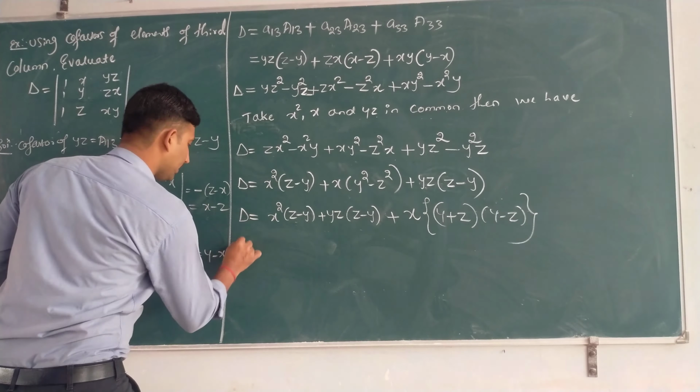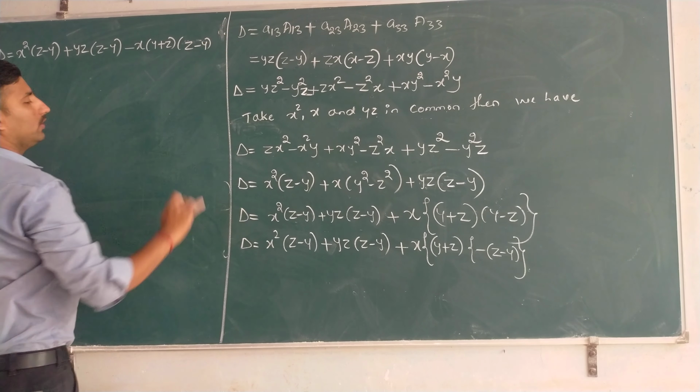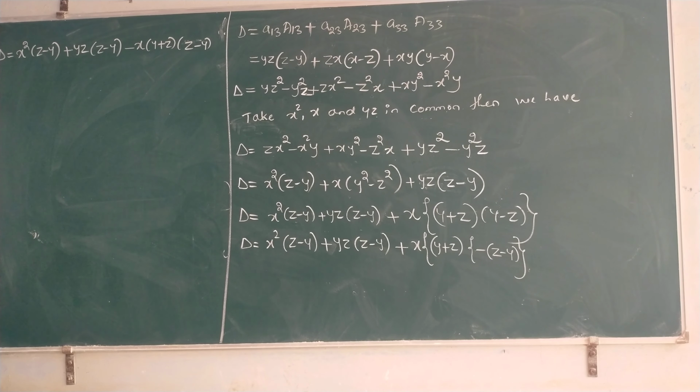Delta is equal to x square z minus y plus yz z minus y minus x into y plus z into z minus y. Then in all the sections, which one is common? Z minus y is taken as common.